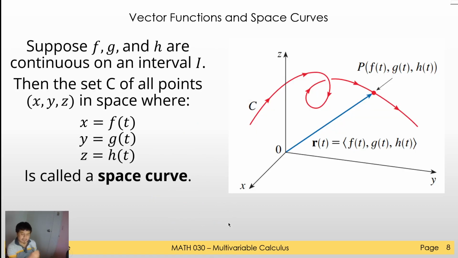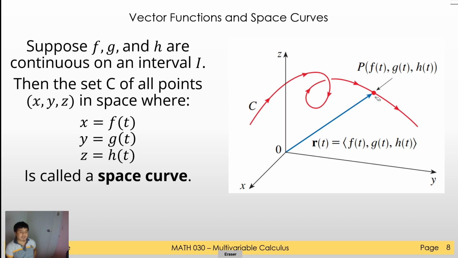Okay, next one, we have the space curve. What we discussed last time is that we're only talking about the vector r of t. But if we think about this, this r of t is just the vector pointing to that terminal point.